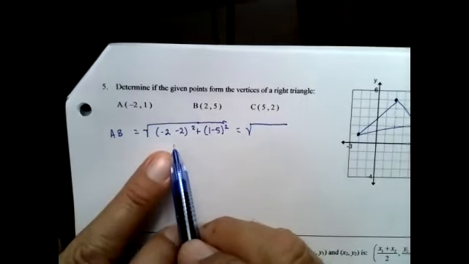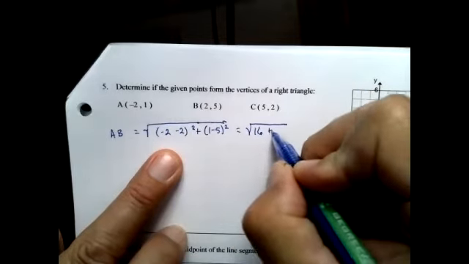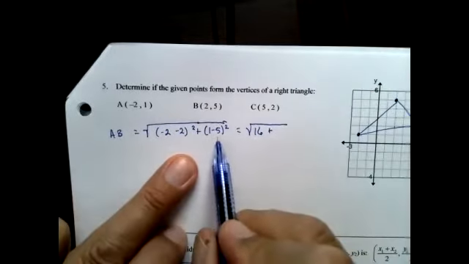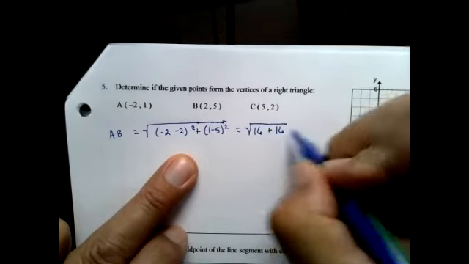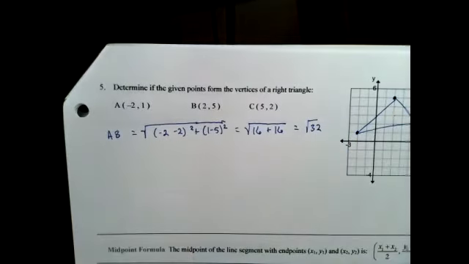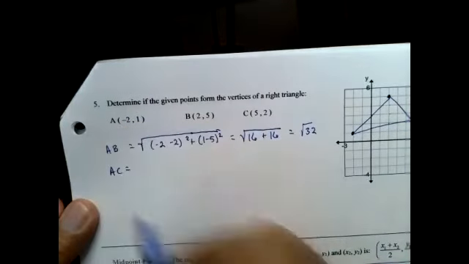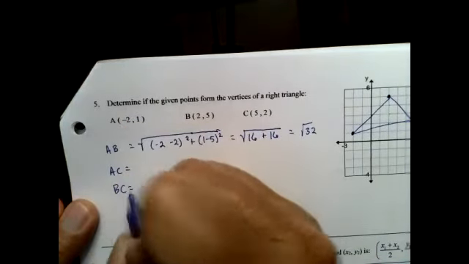That becomes -4, and when I square it, I get 16. This becomes -4, and when I square it, I get 16. That's the square root of 32. I'm going to leave it like that for right now. We need to calculate AC. We need to calculate BC.